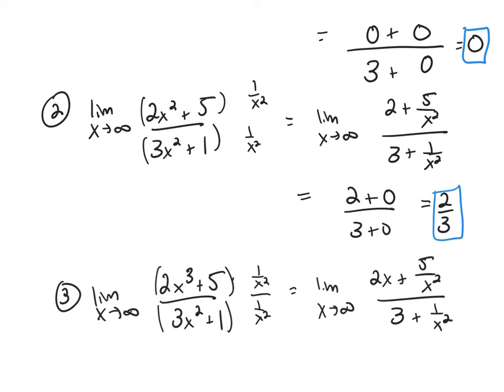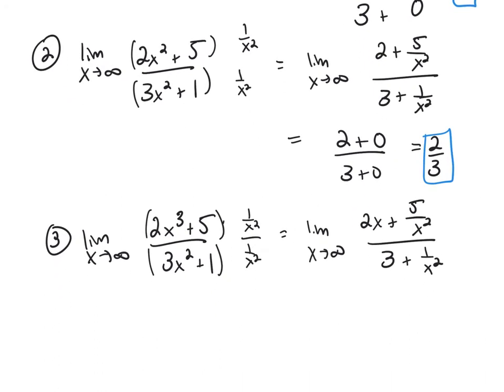In the bottom, the limit here is 0, here is 3, 3 plus 0 is 3, but in the top, I'm getting a limit of 0 here, I'm getting a limit of infinity there. So in the end, this limit is going to be infinity.